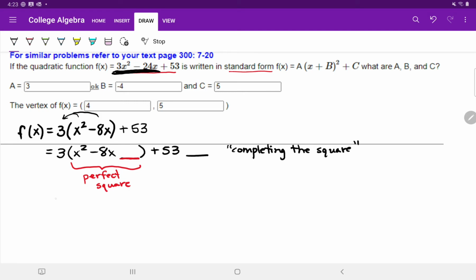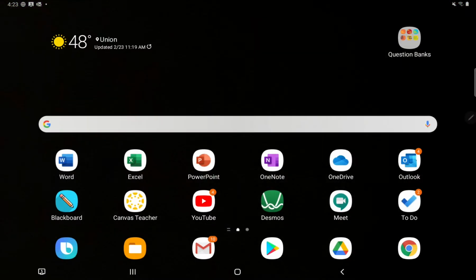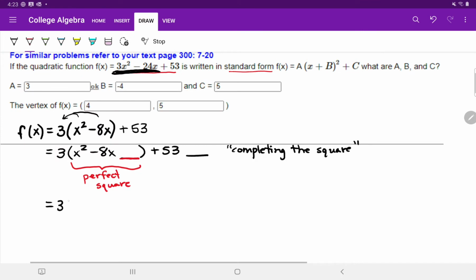And I think you guys have already gone over this in your class, but if not, you're about to learn something new. So the stuff that's in parentheses, I'm going to write it in red right now. We want it to be able to factor into a perfect square. Well, if it's a perfect square, then this piece and this piece have to be exactly the same.